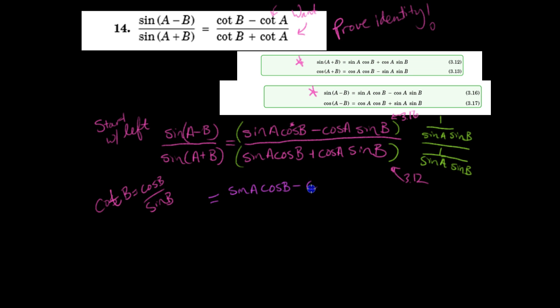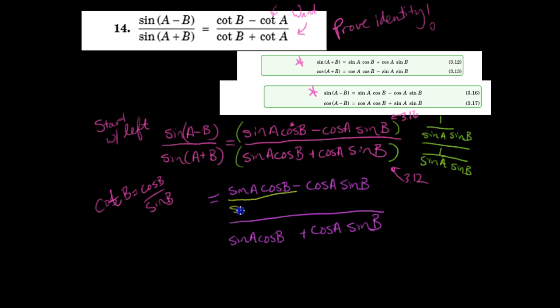Cosine B minus cosine A sine B all over. I'm going to give myself space to write there. I've got sine A cosine B plus cosine A sine B. And then underneath everything, I'm going to put what I multiplied it by, 1 over sine A sine B. And I don't do this every time because I can recognize what I have left.